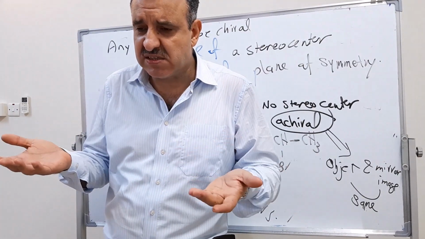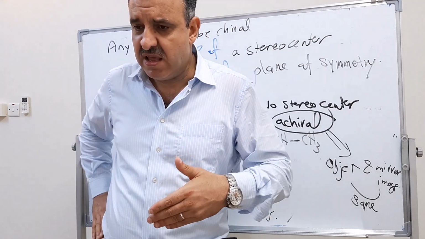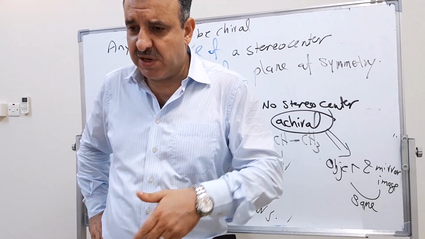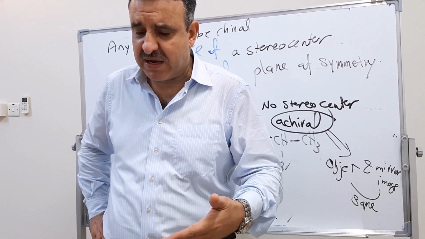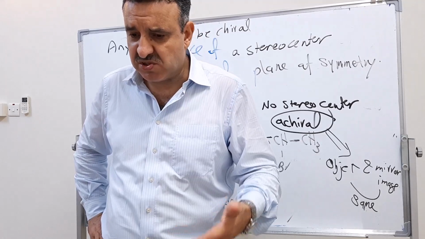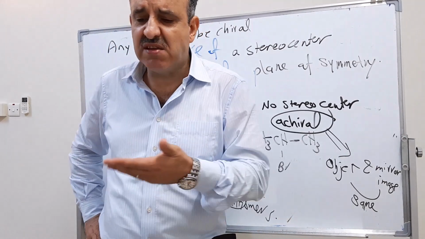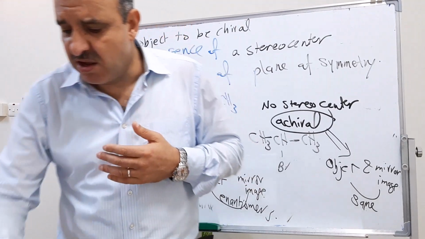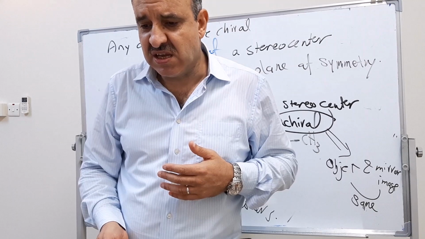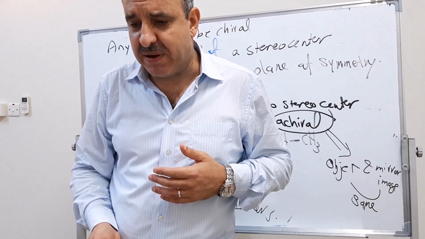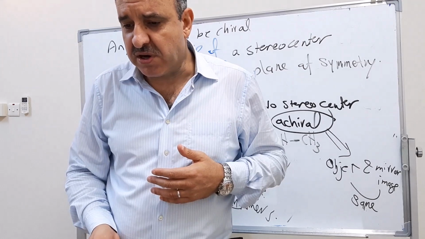Now, the question is, in reality, in life, my right hand and my left hand, I classify them by saying my right hand, my left hand. In organic chemistry, we classify the name of every compound by IUPAC nomenclature. So we give an IUPAC name here, an IUPAC name there. So what's the difference in the naming of the two enantiomers, or how do we differentiate two compounds in organic chemistry?